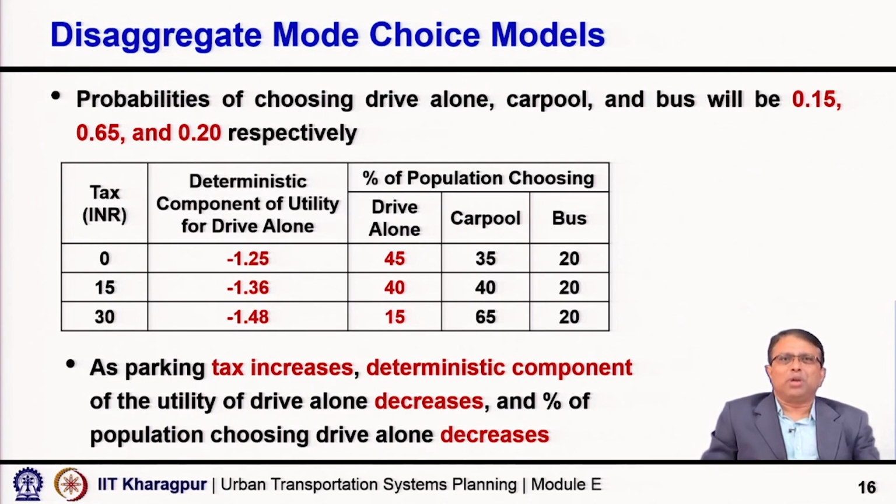So as the parking charge increases, the deterministic component of the utility decreases and the percentage of the population choosing drive alone also decreases. That justifies the previous statement we made about the deterministic component, its change, and the corresponding likely change in the probability of choosing the mode.